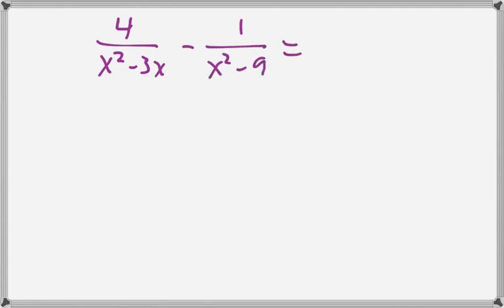Alright, so here's an example. We have 4 over x squared minus 3x minus 1 over x squared minus 9 equals 0. Okay, so the first step is to factor the denominators.